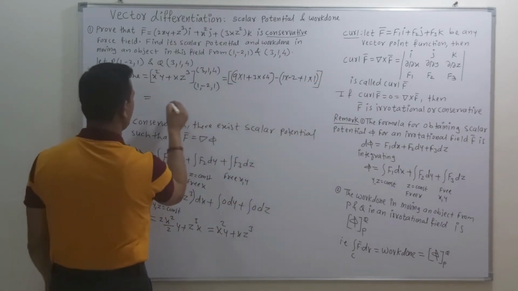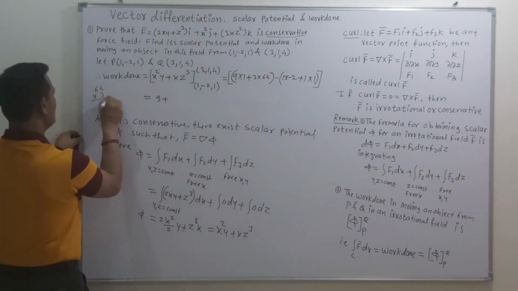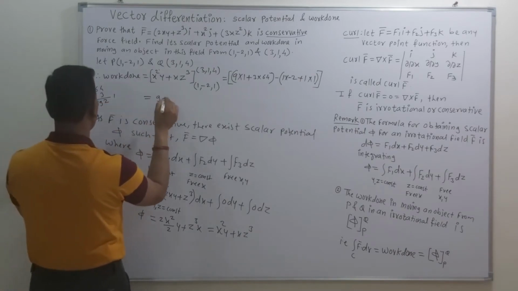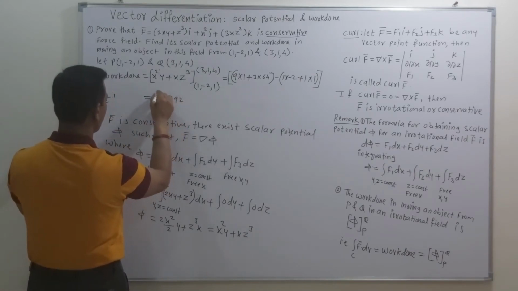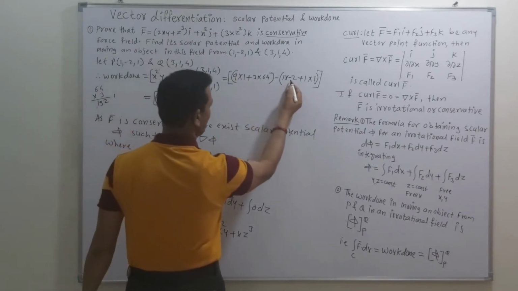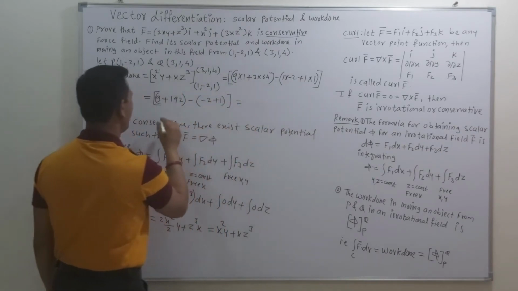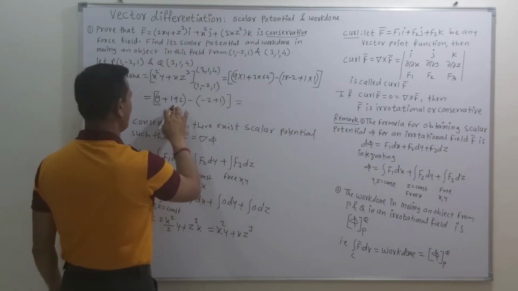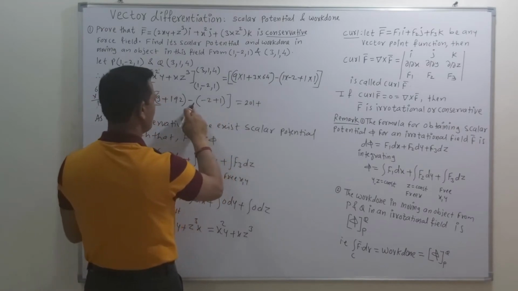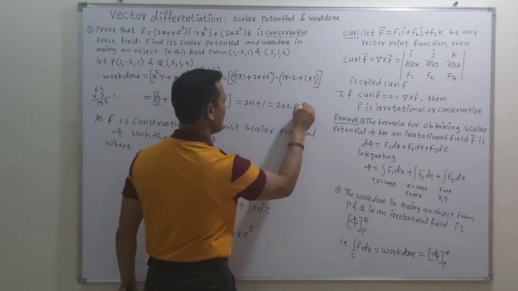We get 9 plus 64 into 3, so we can write this as 192, which is 201. Then for the second term, minus 2 plus 1, which is minus 1, and minus minus 1 gives plus 1, so the answer is 202. So we can call this units.